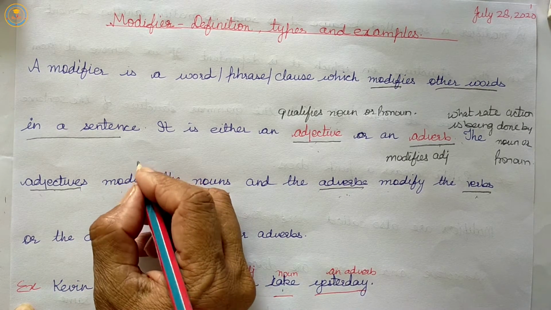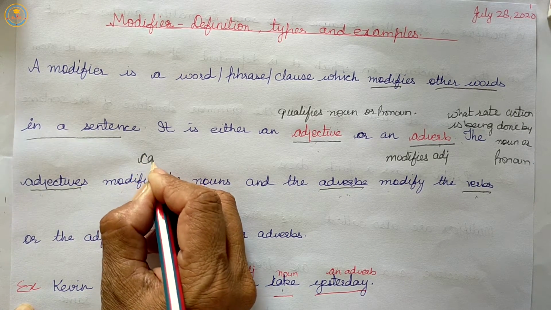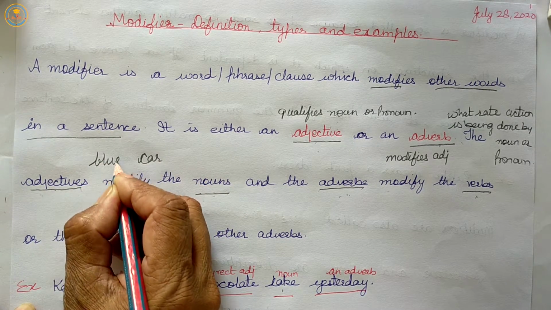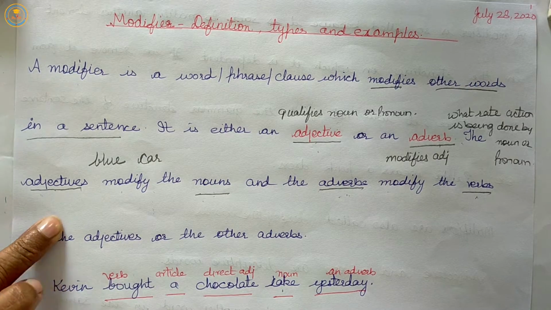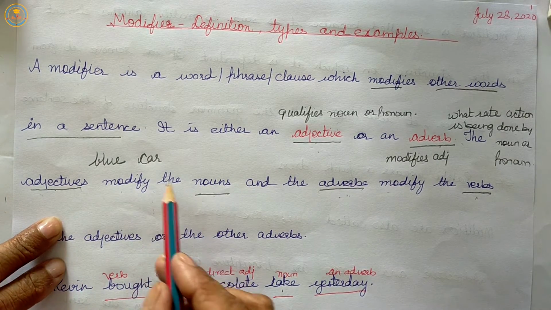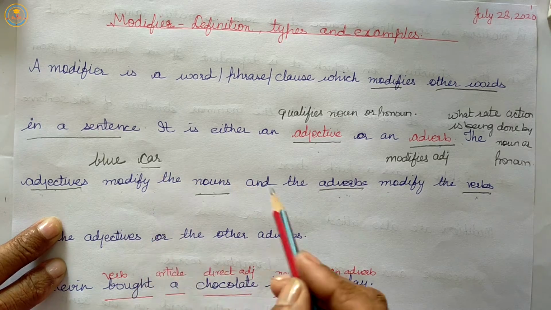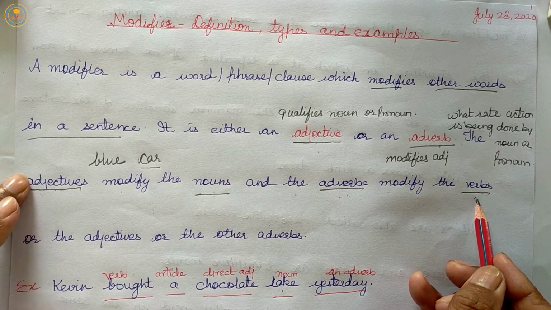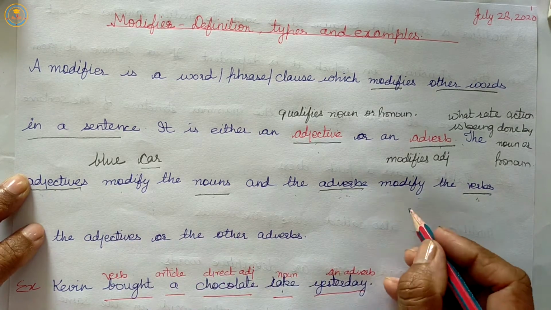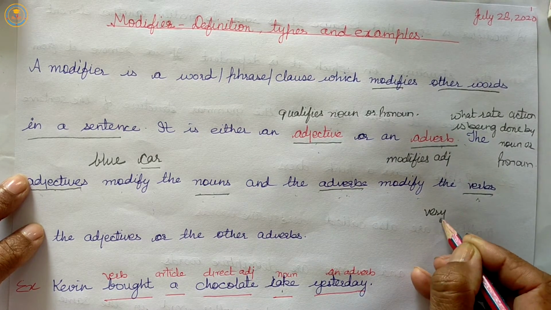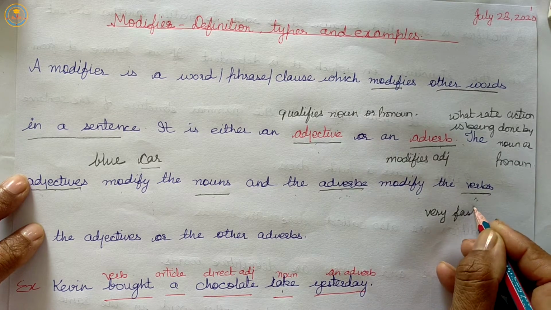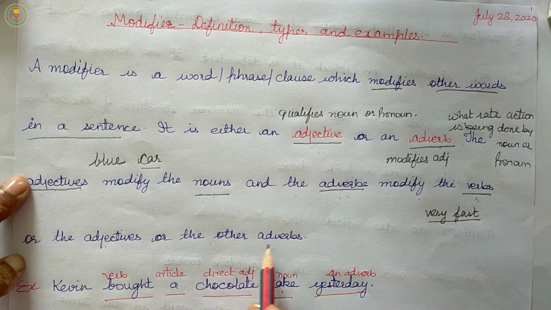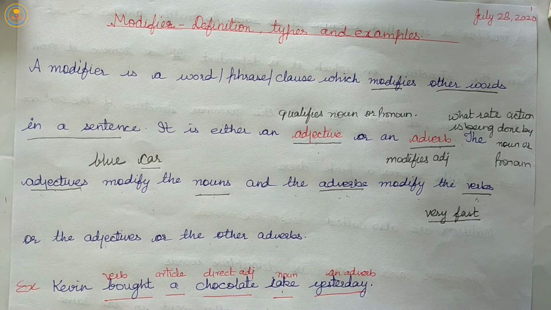Suppose here, car, blue car. So here the adjective modifies the noun, and the adverbs modify the verbs, maybe very fast, or the adjectives or other adverbs also in the given sentence.